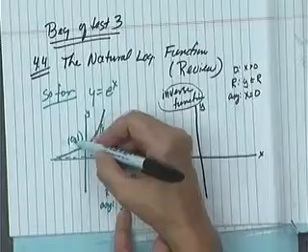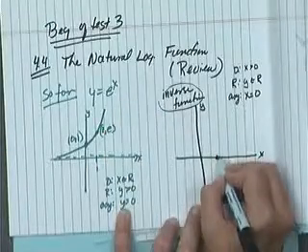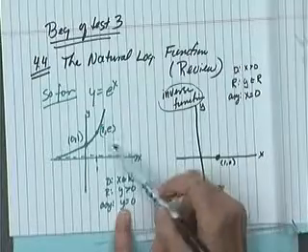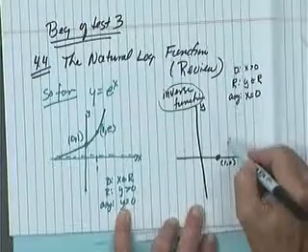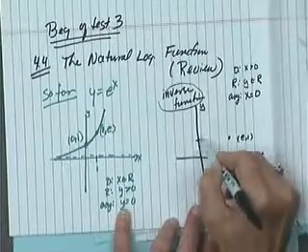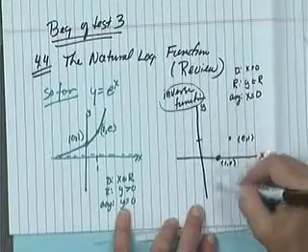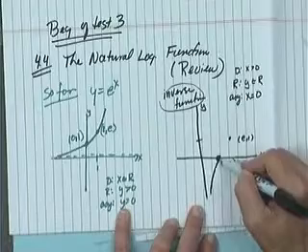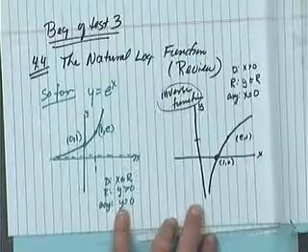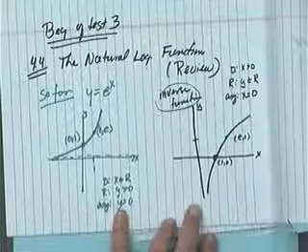Interchanging x and y, instead of the point 0, 1, we have the point 1, 0. Instead of the point 1, e, we'll have the point e, 1. And our asymptote, of course, is the y-axis, and it looks like this. That's our inverse. It's a reflection across the line y equals x.